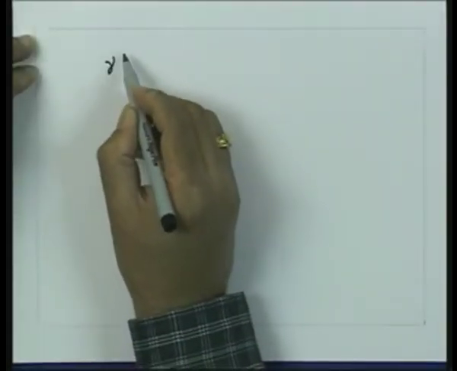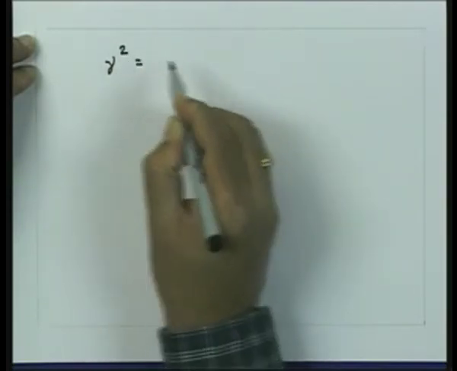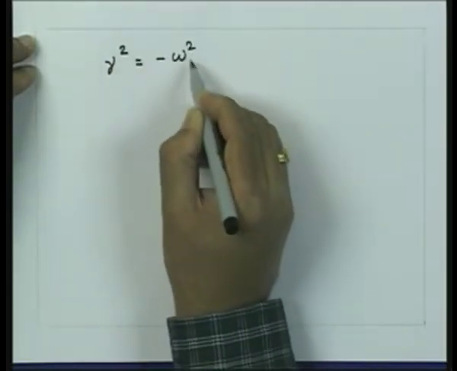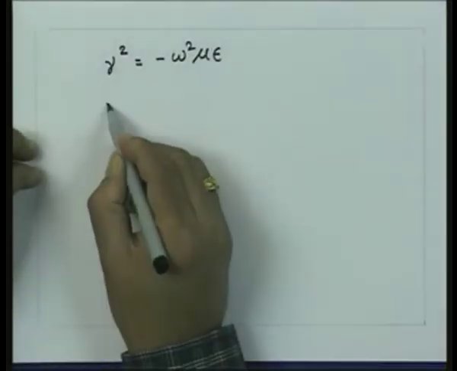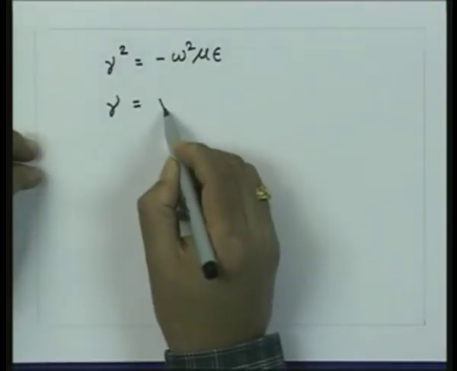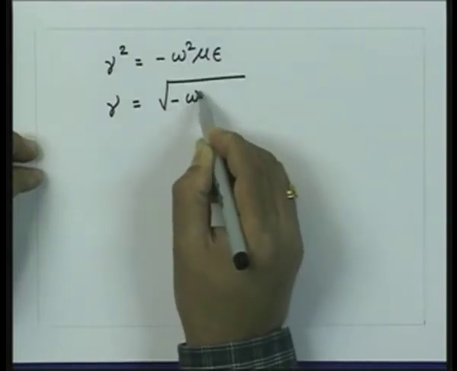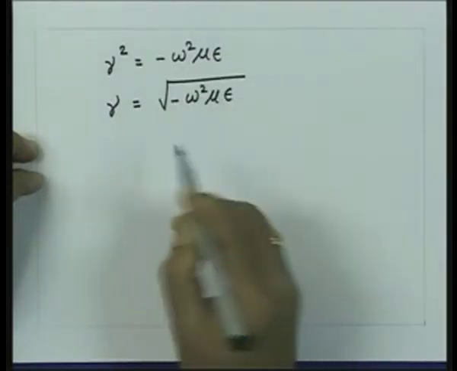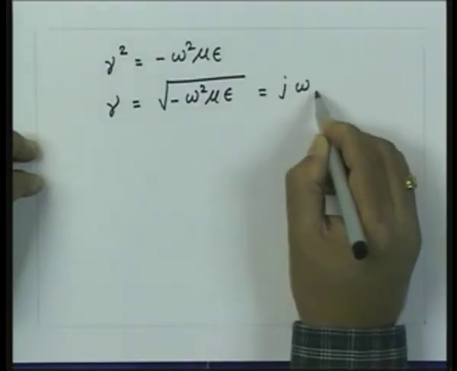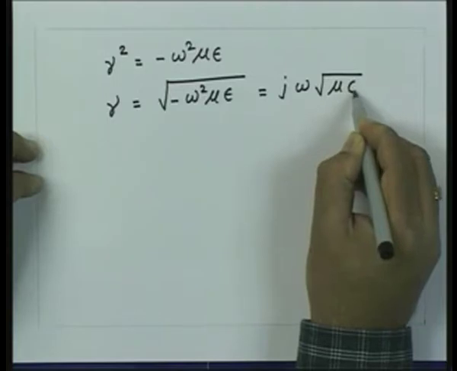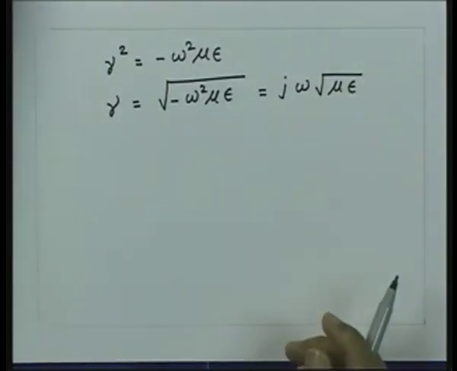So, we define gamma square equal to minus omega square mu epsilon, or gamma is equal to the square root of minus omega square mu epsilon, that is equal to j omega square root of mu epsilon.